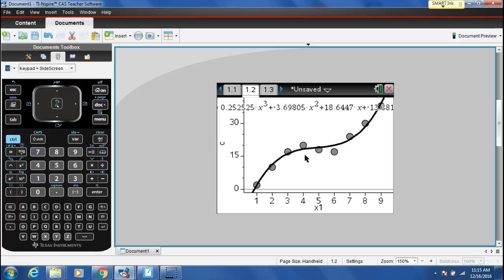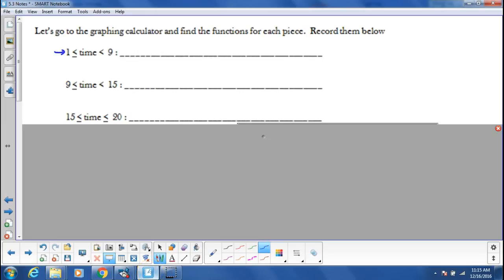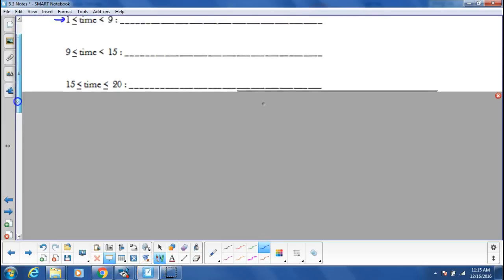So it gives me the same equation, it just drops it now in F sub 1, which is what I want.